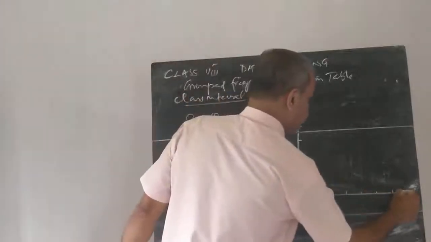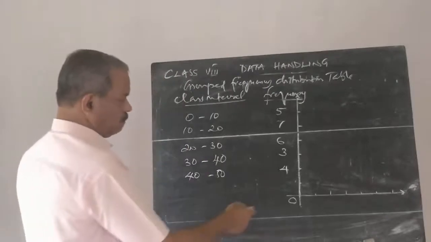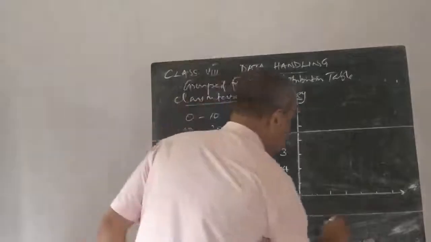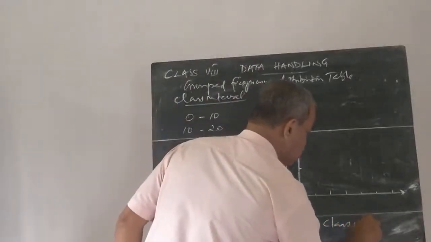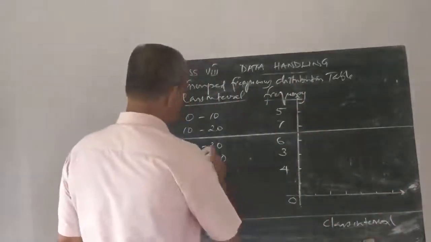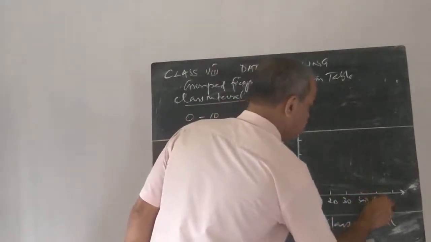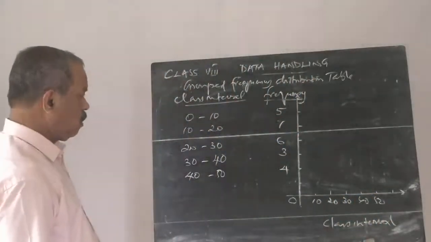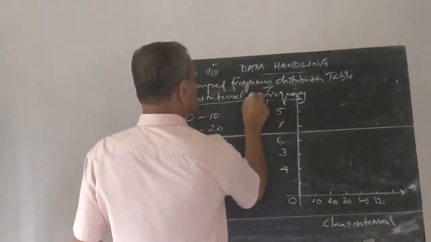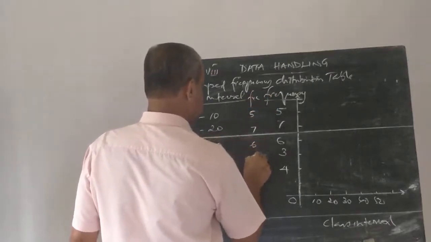Now on the horizontal line we can mark the class interval: 0, 10, 20, 30, 40, 50.